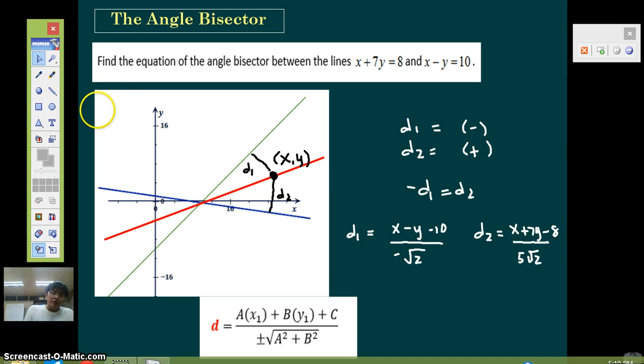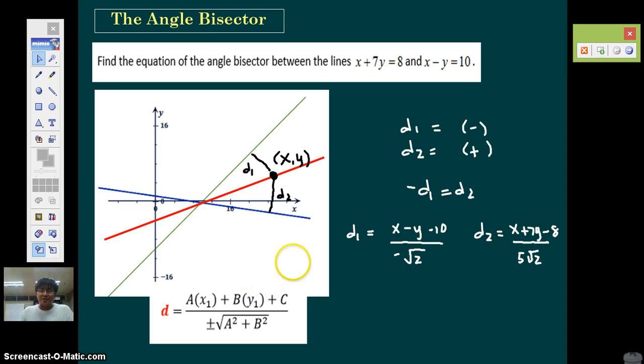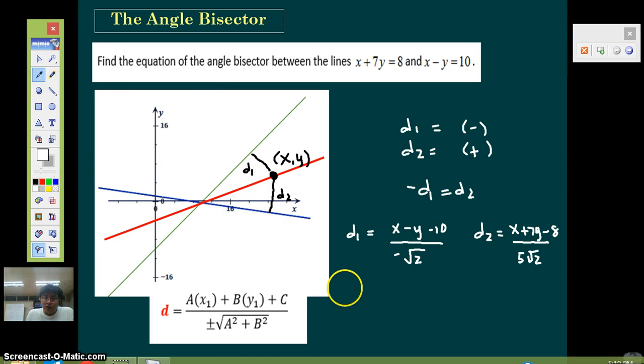Now we will equate not D1 and D2 but the negative of D1 to D2 because of the difference in their directed distance signs. Therefore, we should negate D1 first.